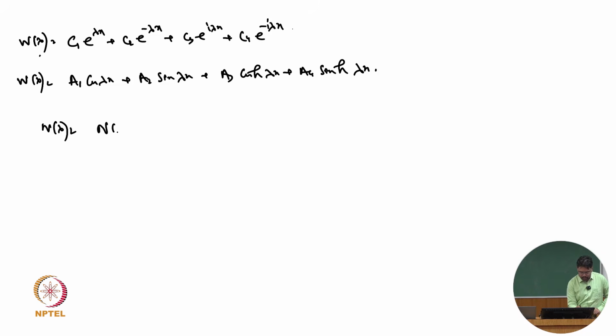W of x equal to N of x into the unknown coefficients. What is this? Now think, what is N of x?